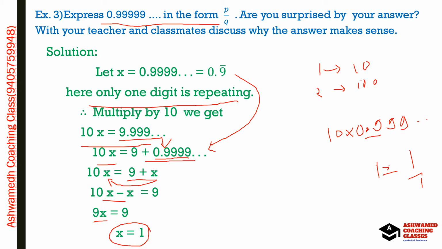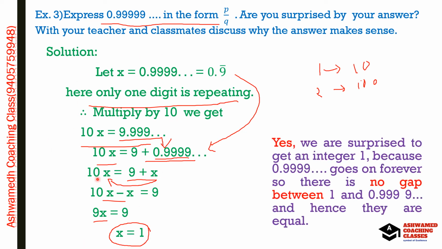That's why in the example they are asking, are you surprised by your answer? Definitely you will be surprised with this answer, because our x is 0.9999 and the value of x we got is 1. Are they the same? Yes, they are the same.